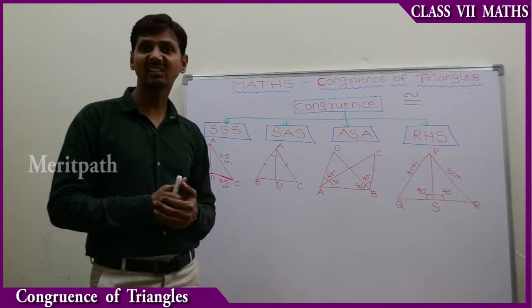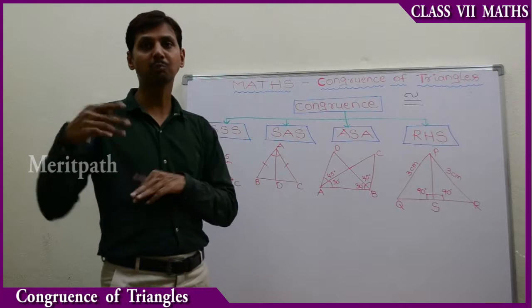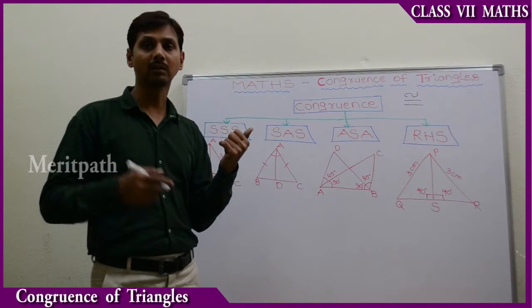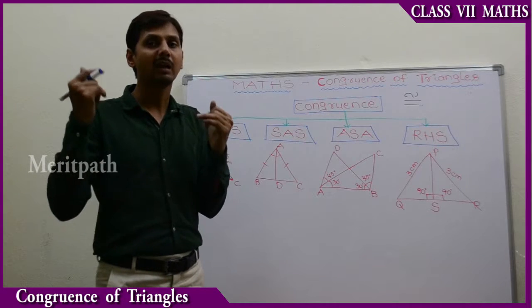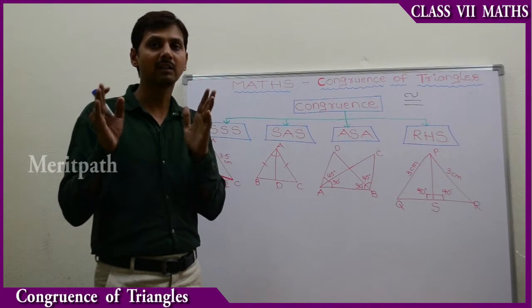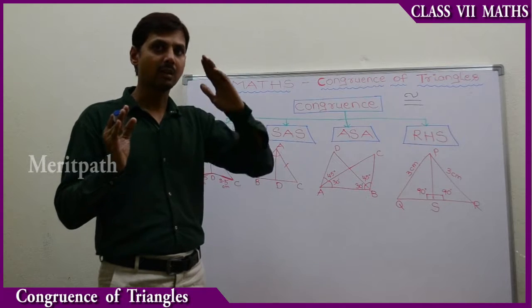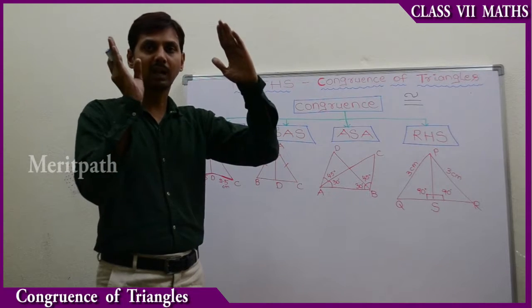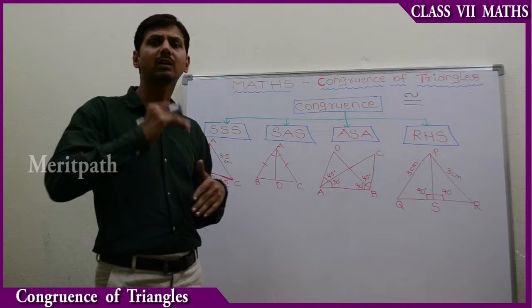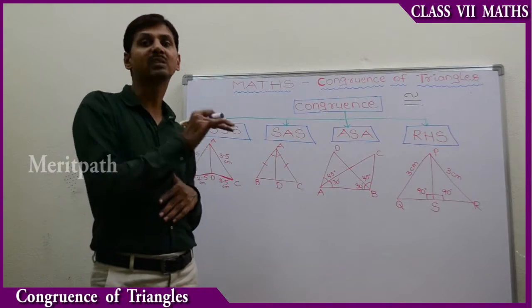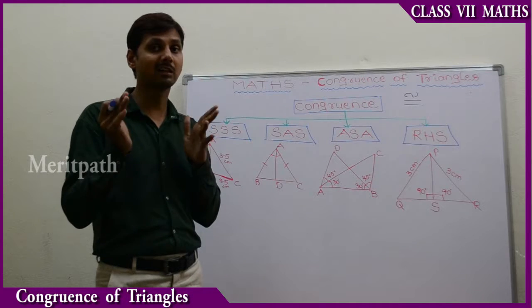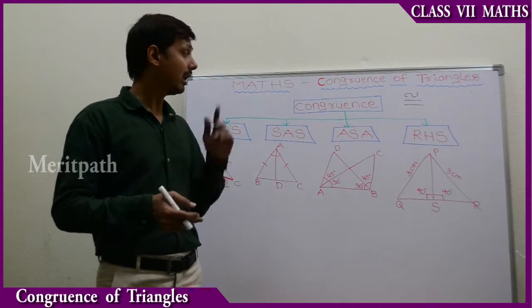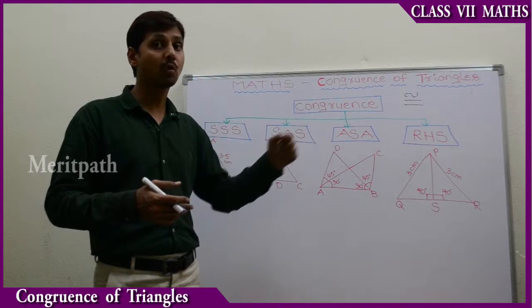And when we take RHS property, right angle hypotenuse side, both the triangles are right angle triangles, that means one of the angles is 90 degrees, and the hypotenuse must be equal in both the triangles, and one of the adjacent or opposite sides is equal, any one of the sides, corresponding to that of the other triangle, and then we call it RHS property.